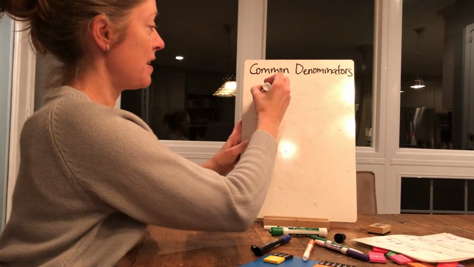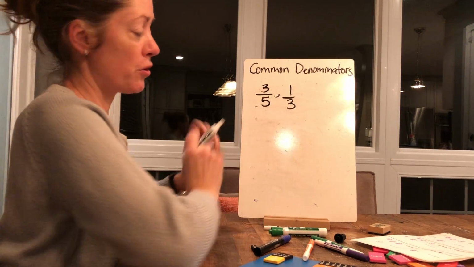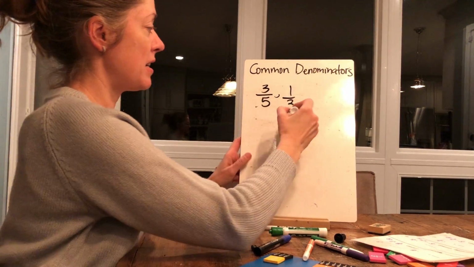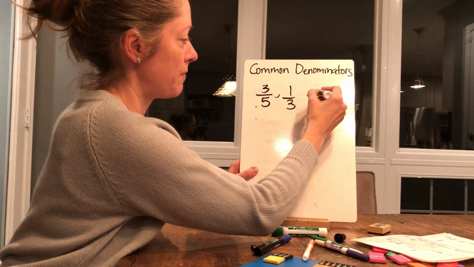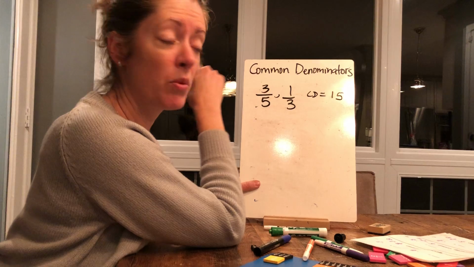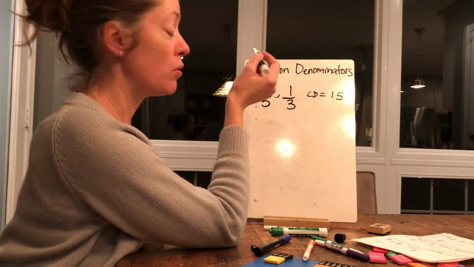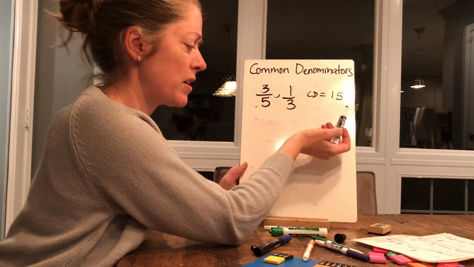You have 3/5 and you have 1/3. A common denominator, as I like to call it, CD for short, would be 15. 15 would be a good one. I suppose you could use 30 if you had to, but 15 probably is the best one to do.